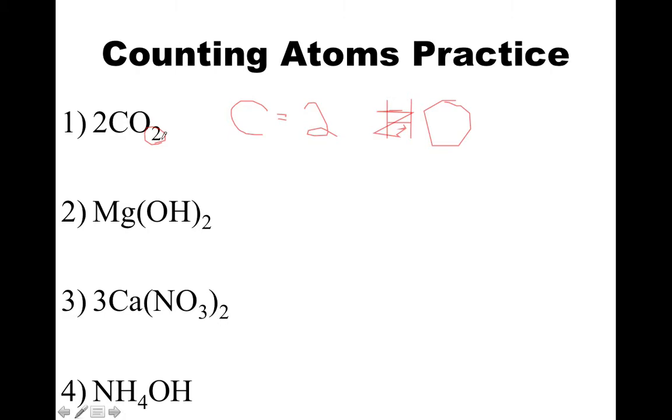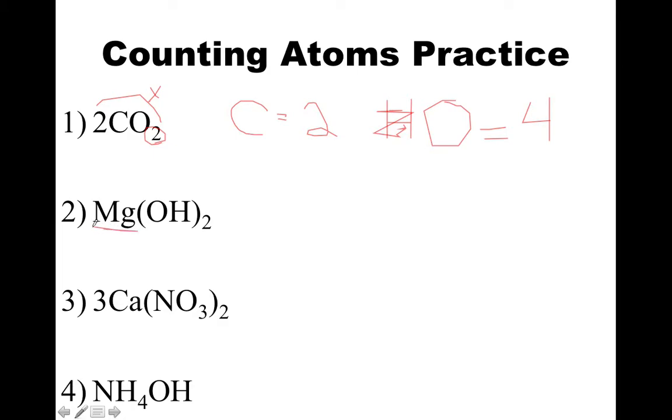Right now I have 2 oxygens, but that coefficient in front, we're actually going to multiply times it, okay? So 2 times 2 is 4 oxygens. Now, if I want to know total atoms in this one, I would just add these two together. 2 plus 4 gives me 6. So there's a total of 6 atoms, but if I wanted to break it down individually, there are 2 carbons and 4 oxygens.